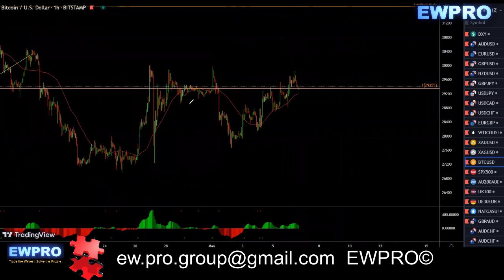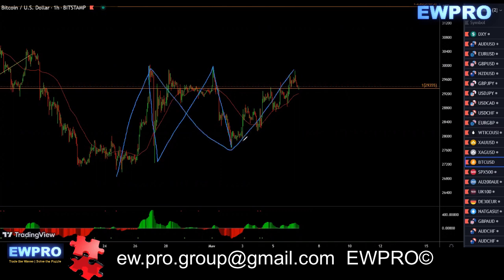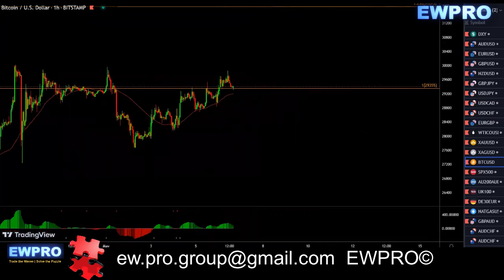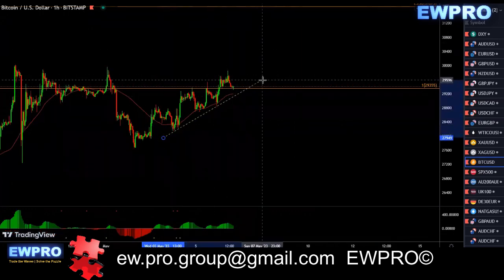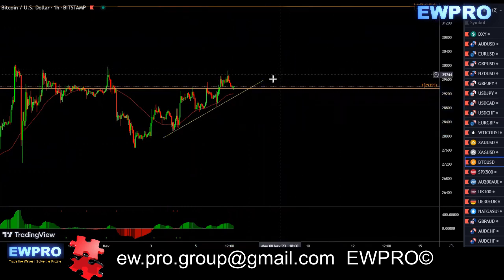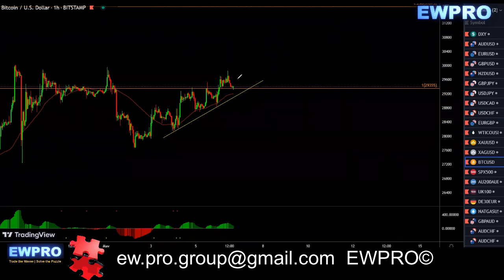As you can see, we've got an A, B, C here, and then you get that A, B, C. You can see how choppy this is looking here. So this may turn into a nice sell setup. You may get a nice sell in here. What you'd be looking for, you'd be down on the lower time frames, waiting for an impulse down and a correction or flag to sell.